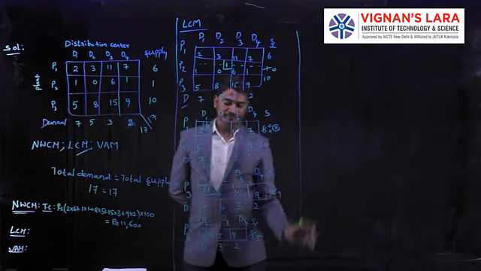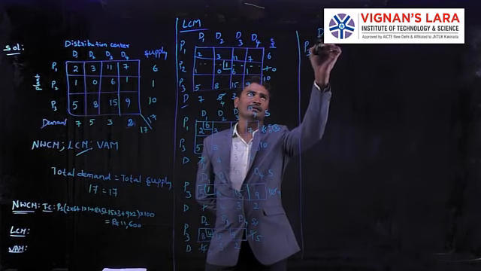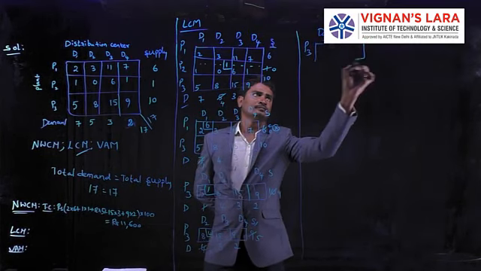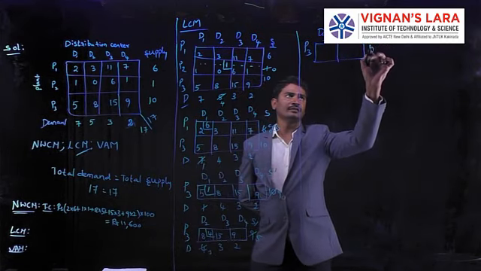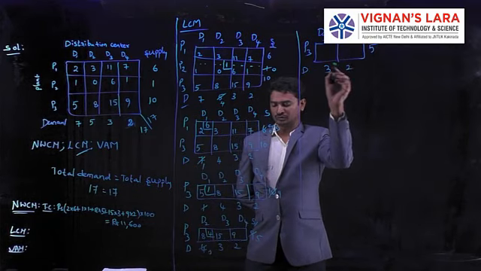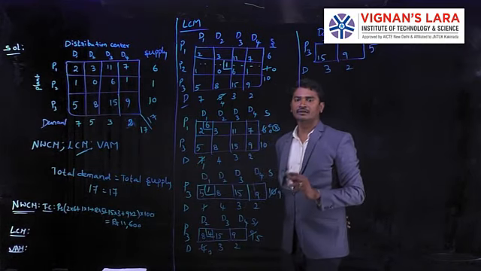Okay. P3, D3, D4. Here the supply is 5 units and the demand is 3, 2. Unit costs are 15, 9. From this again we are going to identify the least cost.